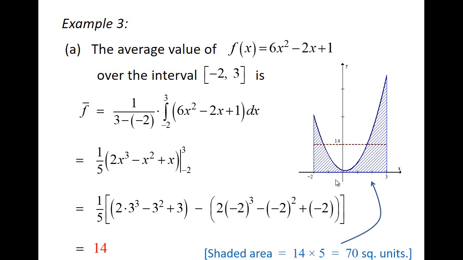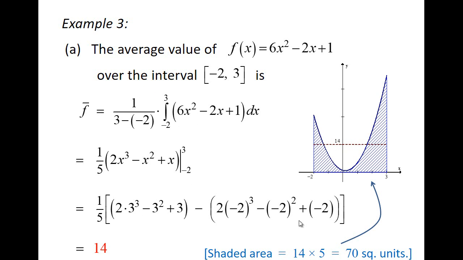So if I multiply 5 and 14, you can check that that's going to be the shaded area, that is the area below the graph of f from -2 to 3. By the way, that area is simply given by the integral from -2 to 3 of f. So if I integrate f from -2 to 3 without this factor here, then that integral is going to give me the area below the graph of f from -2 to 3, and that's going to be 70.